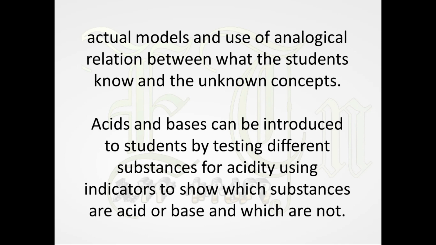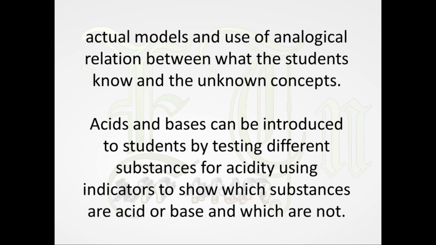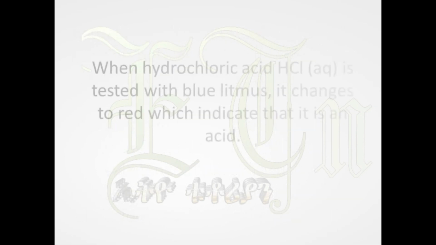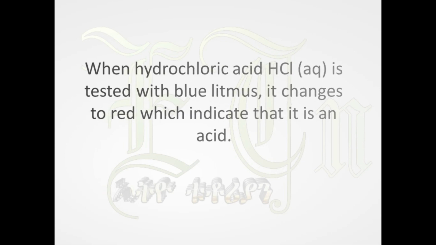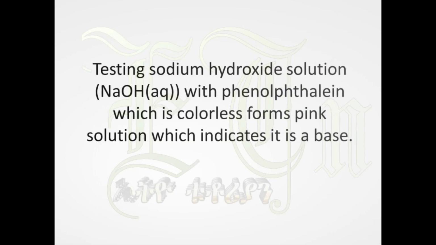Acids and bases can be introduced to students by testing different substances for acidity using indicators to show which substances are acid or base, and which are not. When hydrochloric acid, HCl, is tested with blue litmus, it changes to red, which indicates that it is an acid.